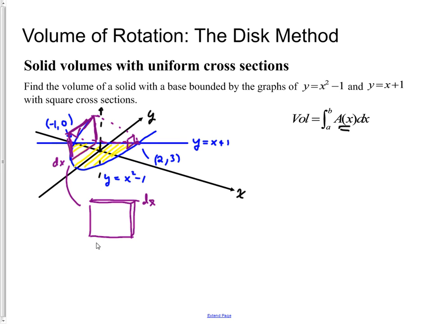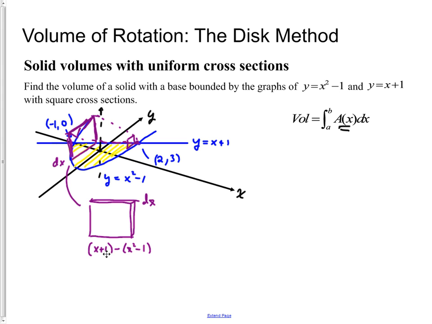But because it's a square, the length is going to be the upper function, which is x plus 1, minus our lower function, which is x squared minus 1.